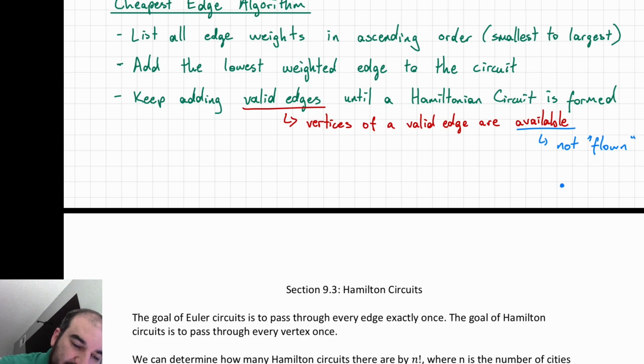If you have a vertex and you've used an edge that's going to that vertex, and then you've used an edge going out of that vertex, this vertex here is no longer available.